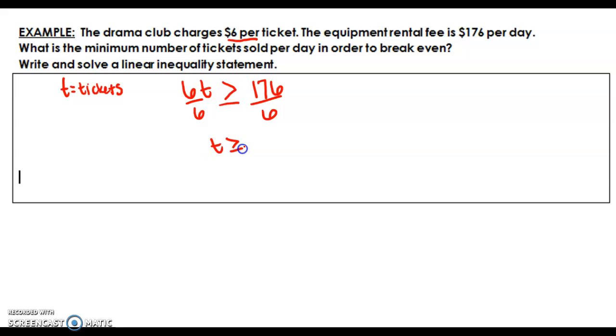So that's going to be T is greater than or equal to 176 divided by 6, which is 29.3. But can we sell 0.3 of a ticket? No. So I know that my tickets have to be at least 30 tickets. Okay, we're going to round up, because if I only sell 29, that is not going to be enough. I need to sell 30 tickets.